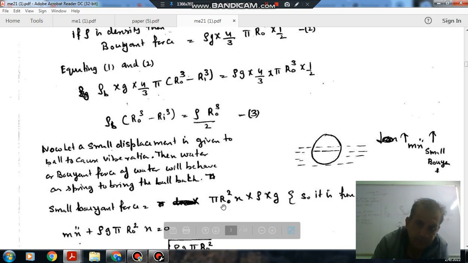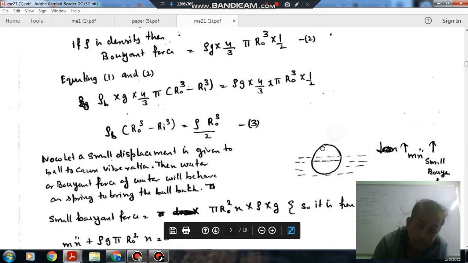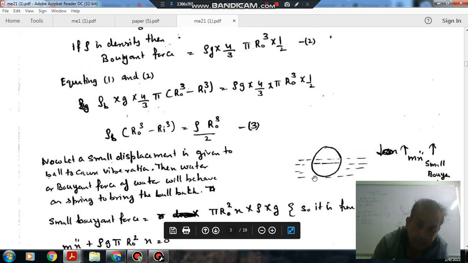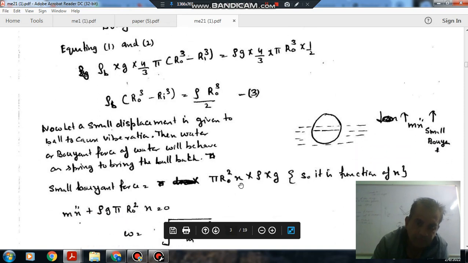From above it will appear as a circle of area pi r naught square, multiplied by x, where x is displacement. So the small buoyant force is pi r naught square x into rho g. Rho is the density of water and g is acceleration due to gravity.